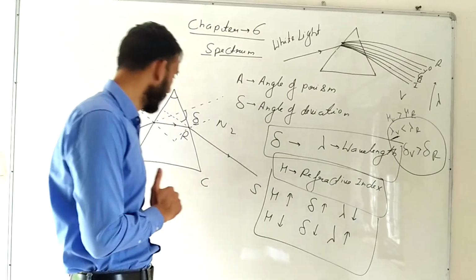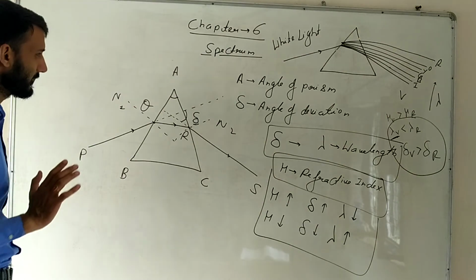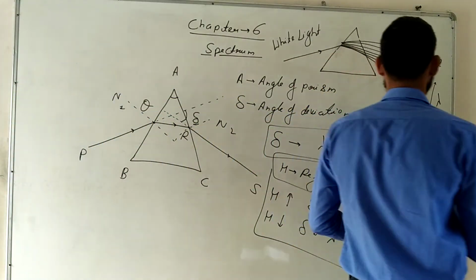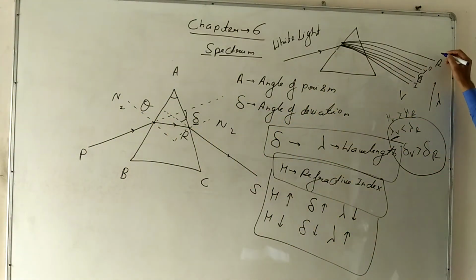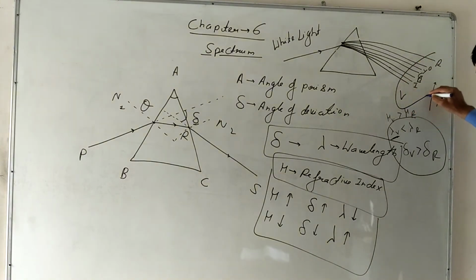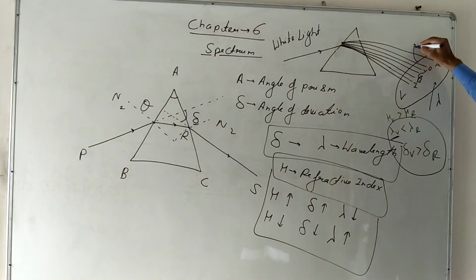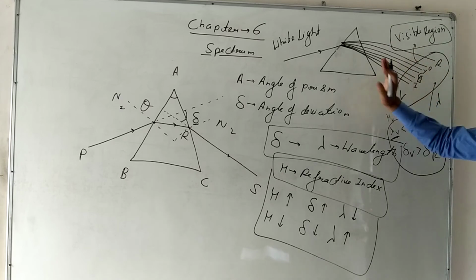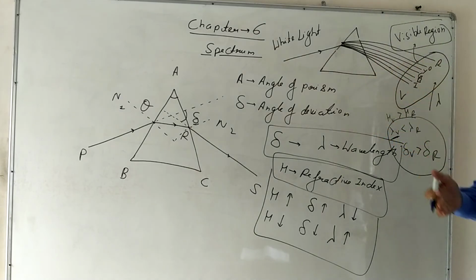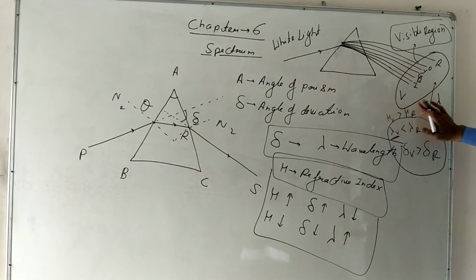Okay guys, now one small important thing, and then I'll continue the rest in the other class. This part is known as visible region. Visible region means we are able to see. We have the capability to see this much part.